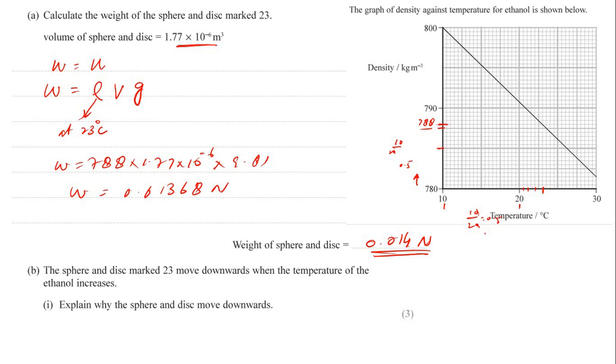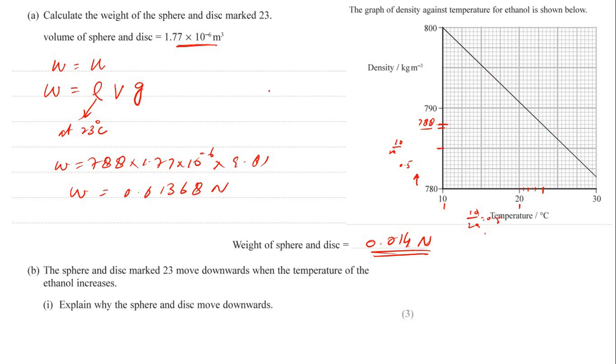The sphere and the disc mark 23 move downward when the temperature of the ethanol increases. Explain why the sphere and the disc move downward. Indeed, if you see that the temperature increases, so density is decreased.